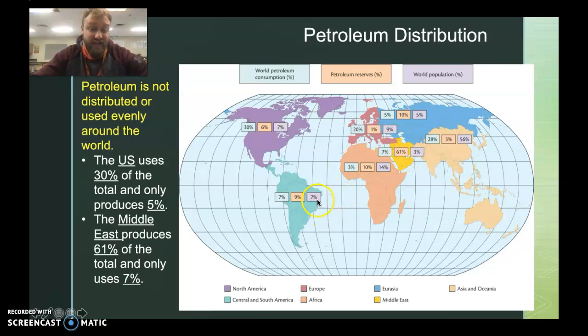However, within the last 10 years, there's been a lot that's found in, I believe, Venezuela and different South American countries. They found a lot of reserves. So this isn't completely up to date, but just overall, the Middle East is going to produce the most or have the most reserves, whereas the U.S. generally uses the most. Now, if you look in Asia over here, they're starting to creep up there a little bit more, but they also have a very large population, so that makes sense.